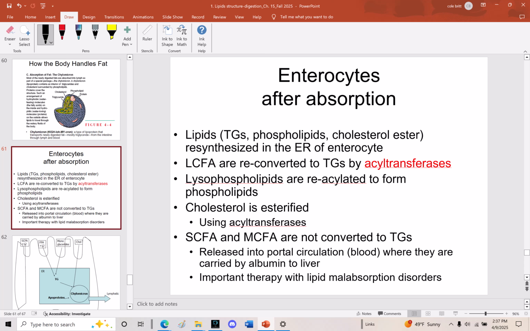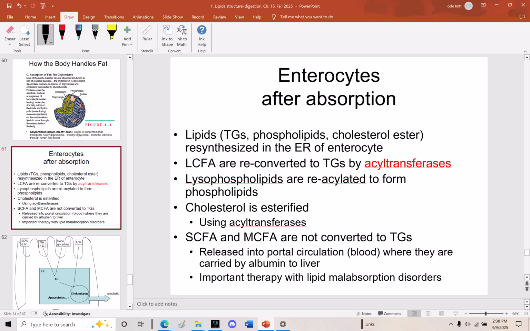But definitely after digestion, you do not need to incorporate short or medium chain fatty acids into chylomicrons. You simply put them in the blood, they bind to an albumin, and albumin will carry them in the blood. They're still lipids, so they still need protection from the water, but albumin can be their carrier. They don't have to be incorporated into lipoproteins. So that's one of the reasons short and medium chain fatty acids are different from long chain fatty acids.